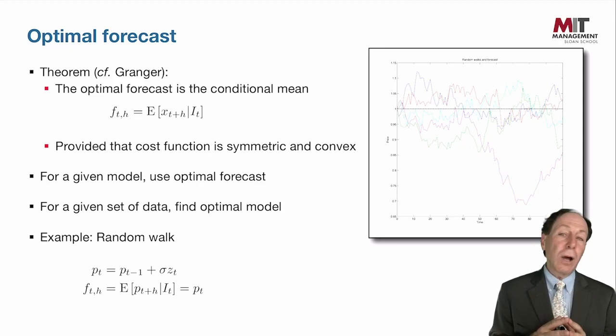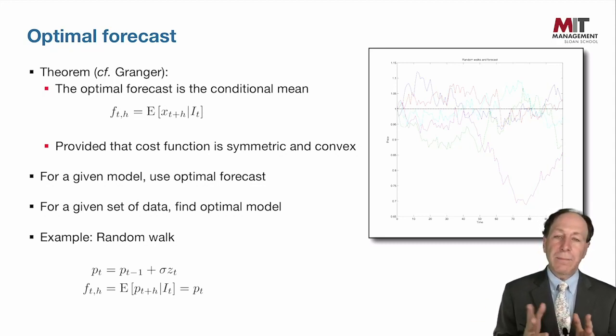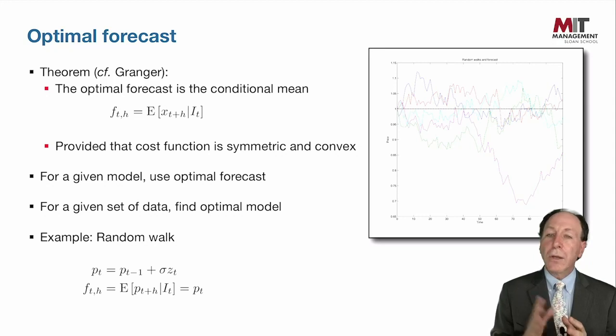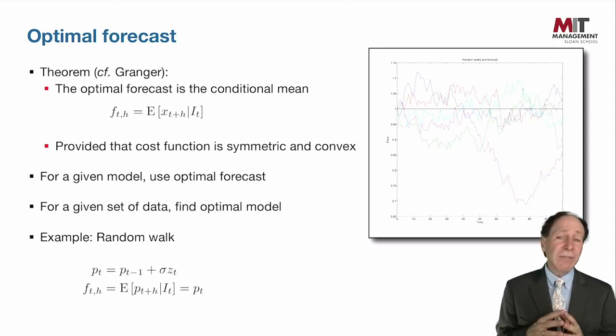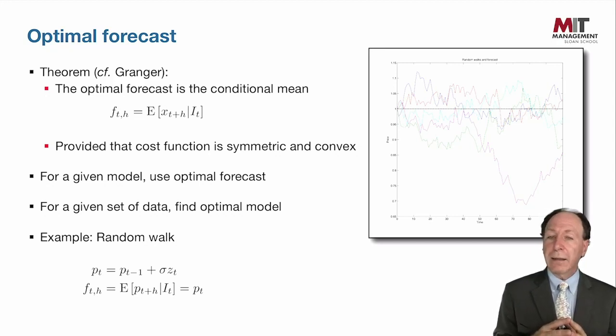We can also compute other moments around it, but for the point forecast, this is the best forecast that we can do in terms of minimizing different error criteria. So for a given model, we can use the optimal forecast. And for a given set of data, we're tasked with finding what the optimal model is.